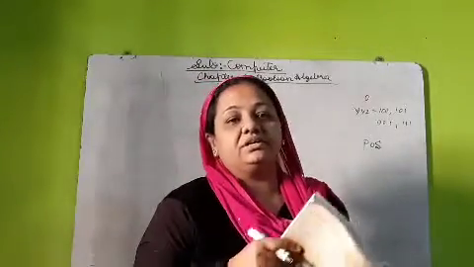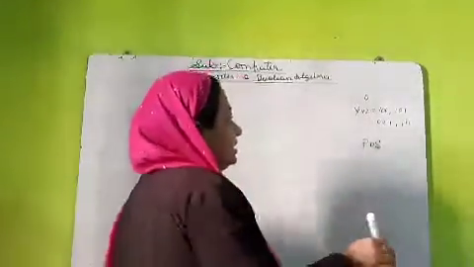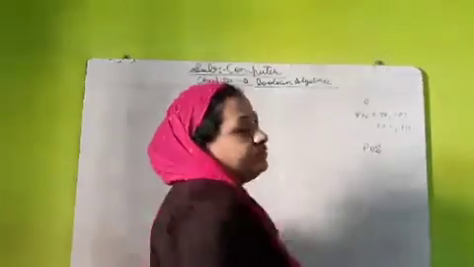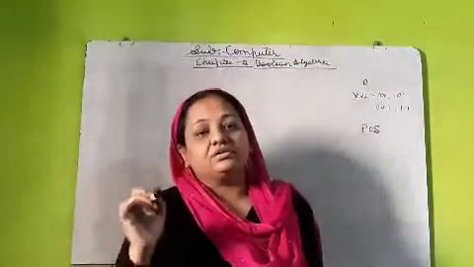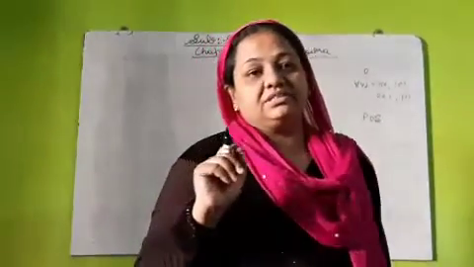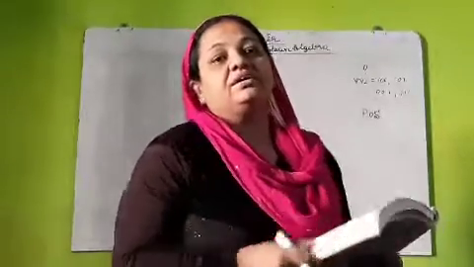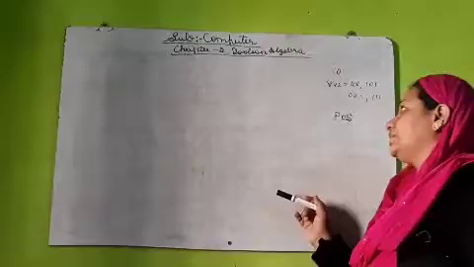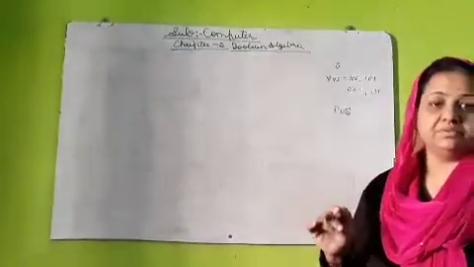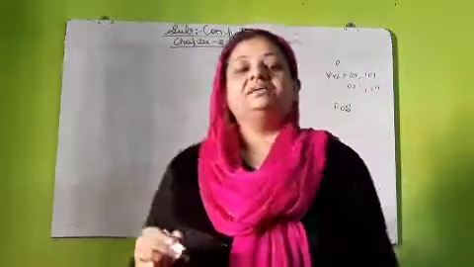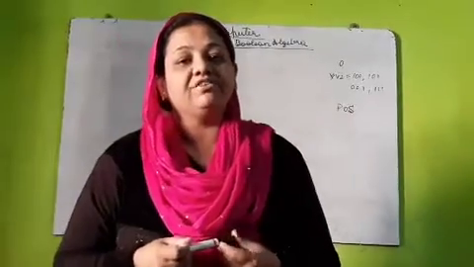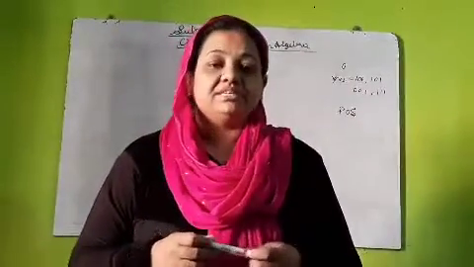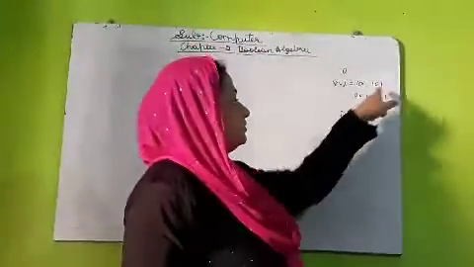So first we need to construct a truth table. As we can see here, there are 3 variables, so we need to construct a truth table using 3 variables for max terms. And as we know, we have to derive a POS expression for these terms.